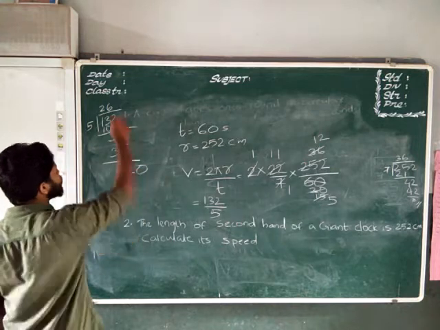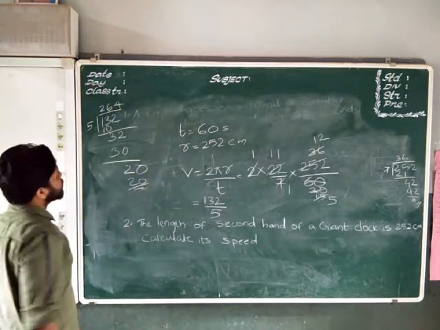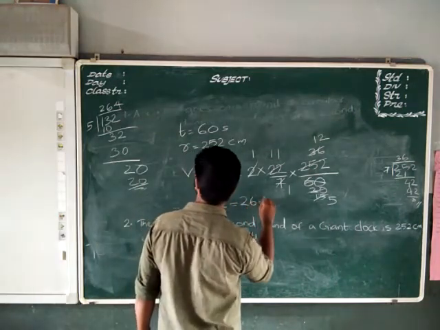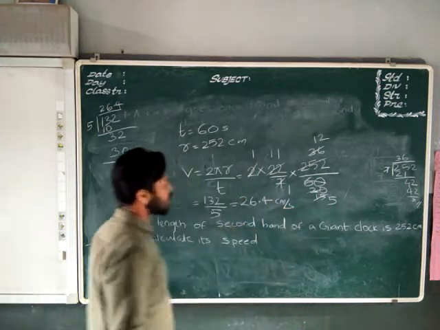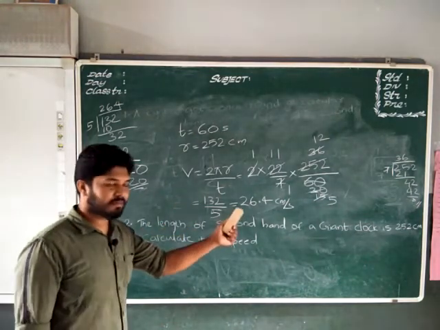Let's make it 20, 4 into 5 is 20. So it is 26.4 centimeter per second.